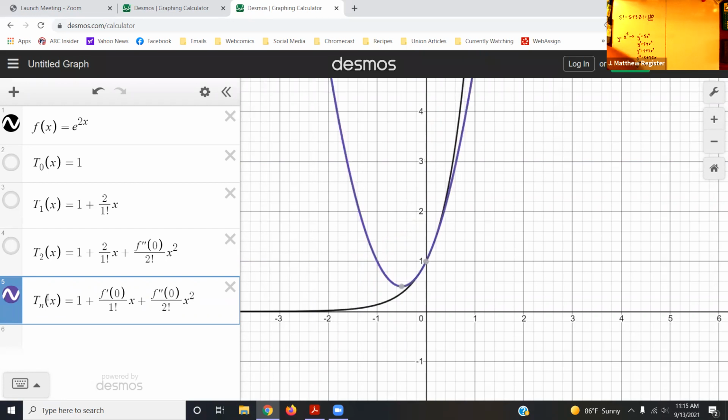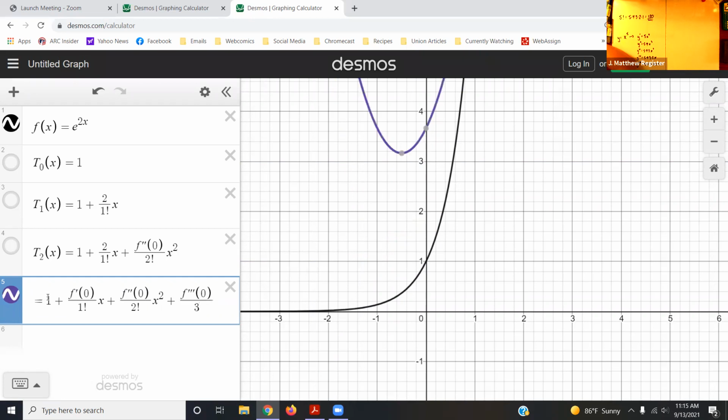And let's add the third term, which would now be plus f triple prime of 0 over 3 factorial x to the third. Now that's looking like a really good approximation, at least on a short interval.